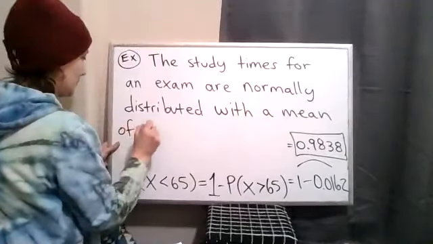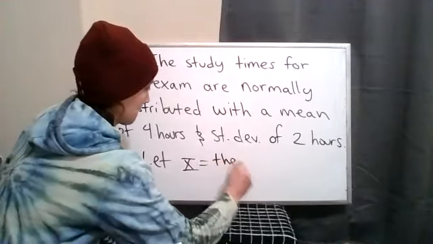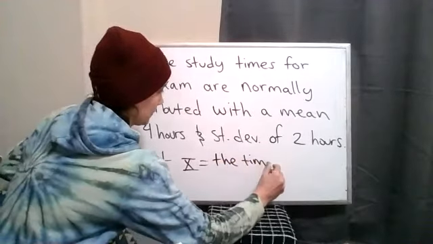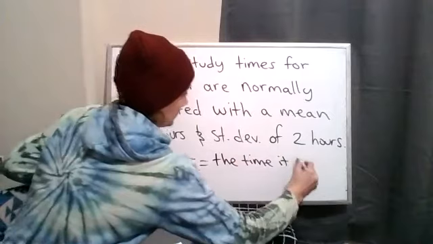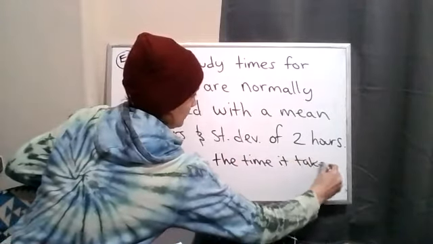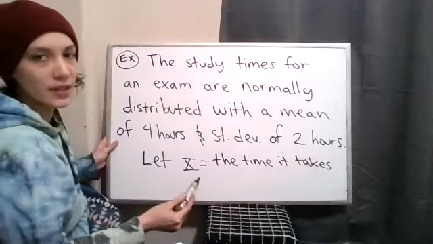We're going to let the random variable x be equal to the time it takes to study for an exam, or study time for the exam.